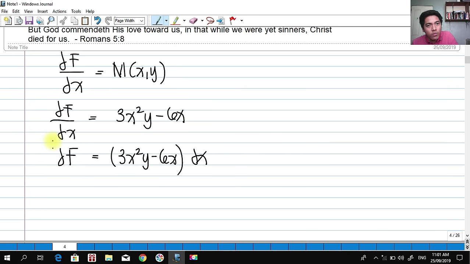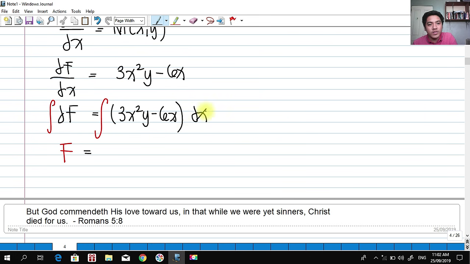So if I'm going to integrate both sides of our equation, I shall be getting f here, which is this f, the solution to our differential equation. So what will happen? This should be equal to... Now, how do we integrate this? This is with respect to dx. Okay?